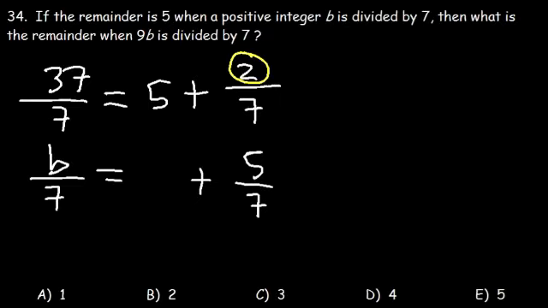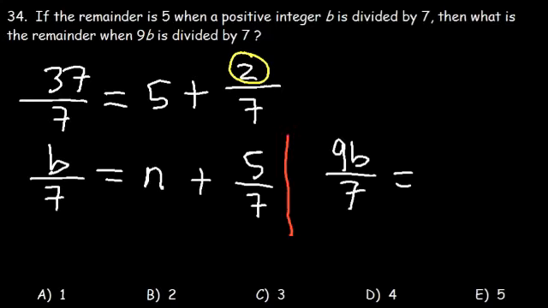Now, we don't know how many times 7 can go into b, so we'll call that number of times just n. Our goal is to find out what the remainder is when 9b is divided by 7.